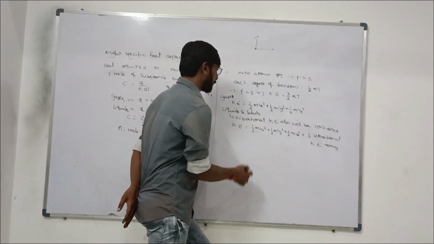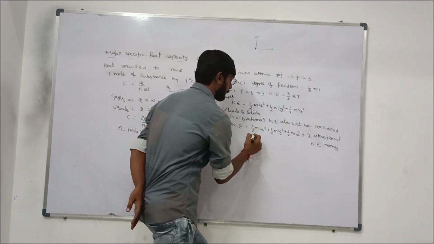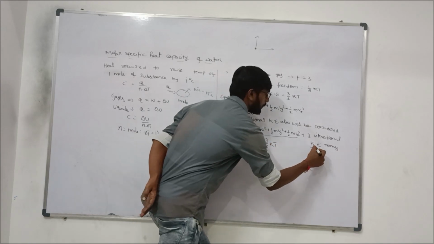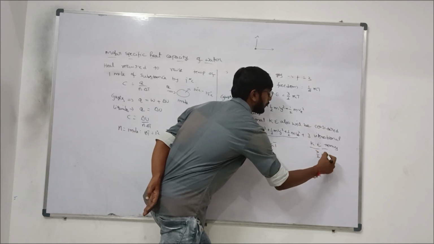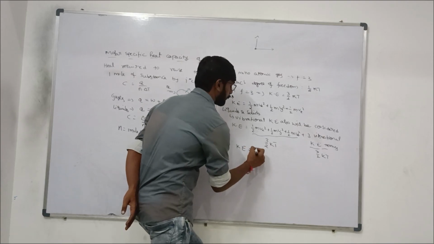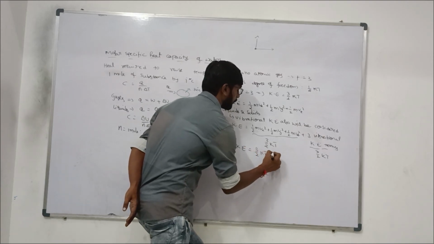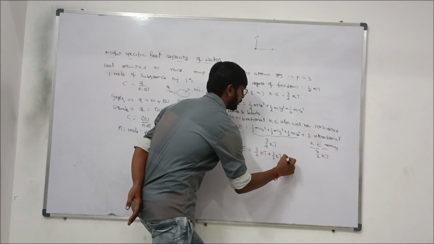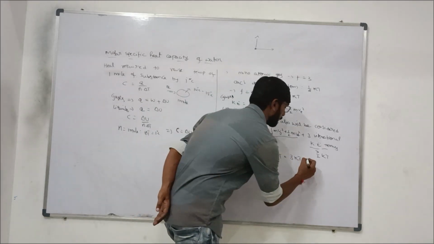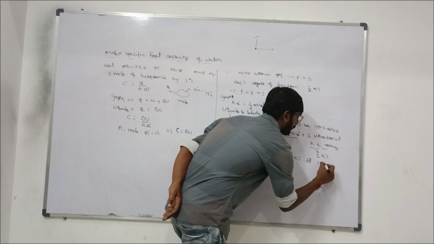Now you see, because of these 3 by 2 kT and these 3 by 2 kT, the total kinetic energy will be 3 by 2 kT plus 3 by 2 kT, total 3 kT. That is for one molecule.